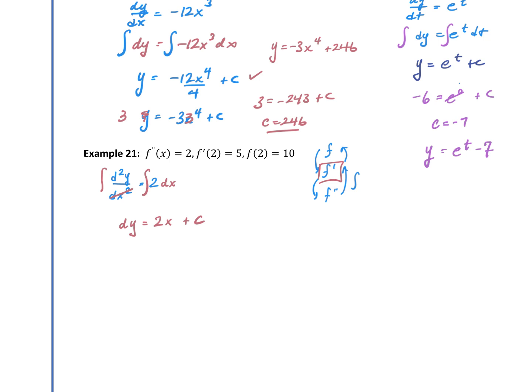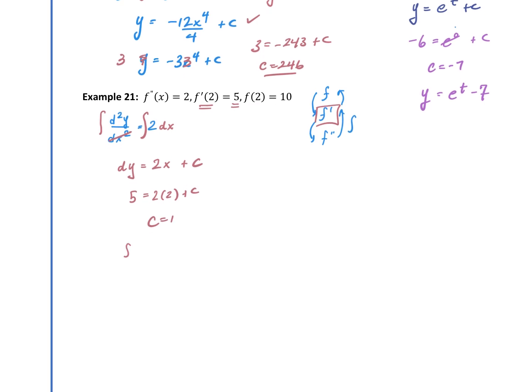So this is the first derivative. Now we know that the first derivative at 2 is 5. So 5 equals 2 times 2 plus c, so c is 1. So I know that the function for f prime now is going to be 2x plus 1. So this is dy dx.